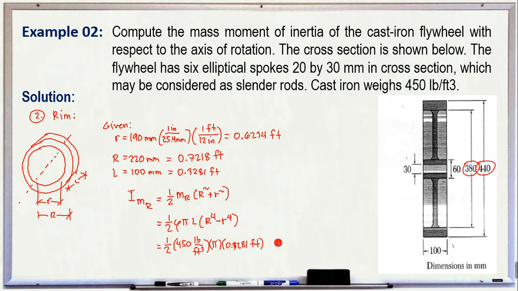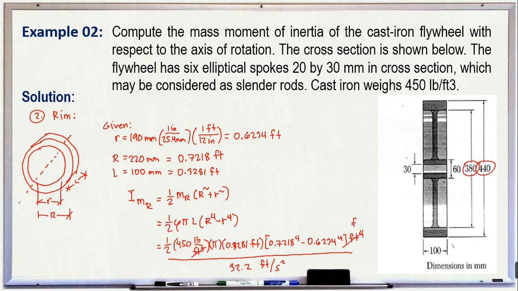Then for r, we have 0.7218 to the fourth power minus 0.6234 to the fourth power. That is feet to the fourth. We divide everything by 32.2 feet per second squared. The cubic foot cancels out, leaving one, and the ones at the bottom cancel out.